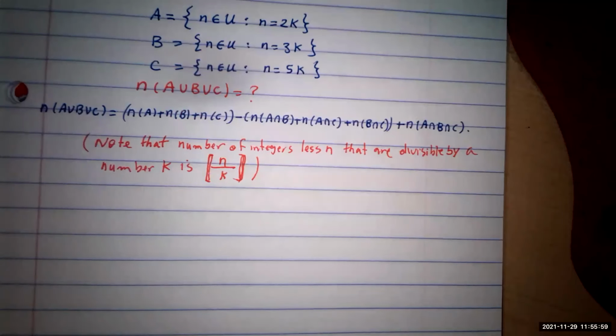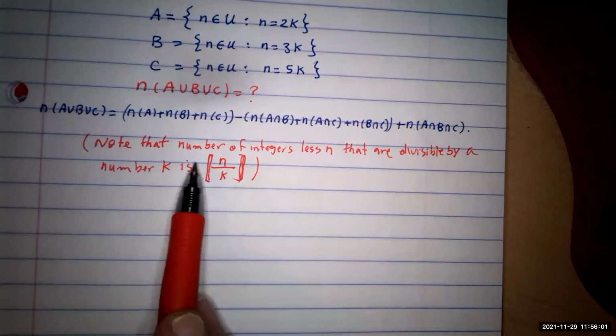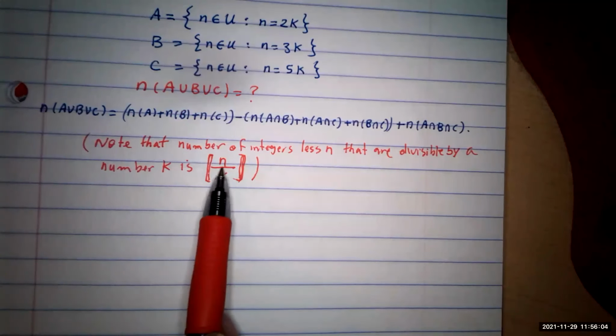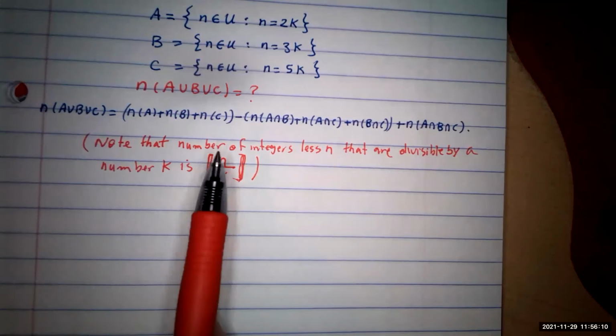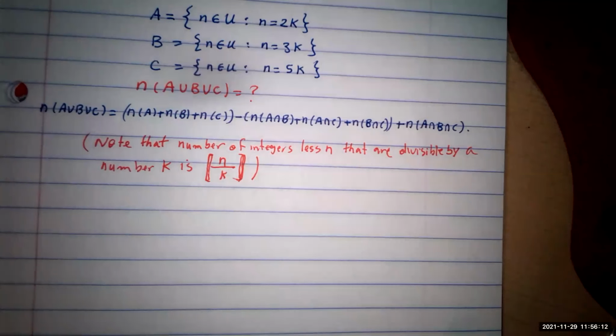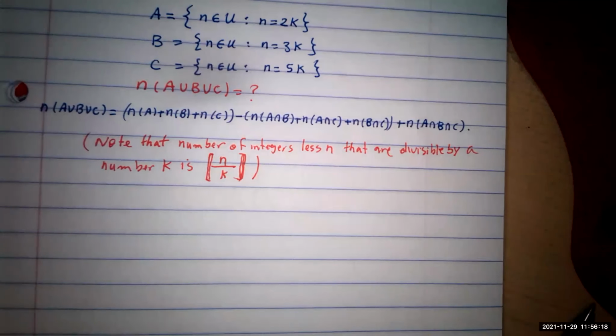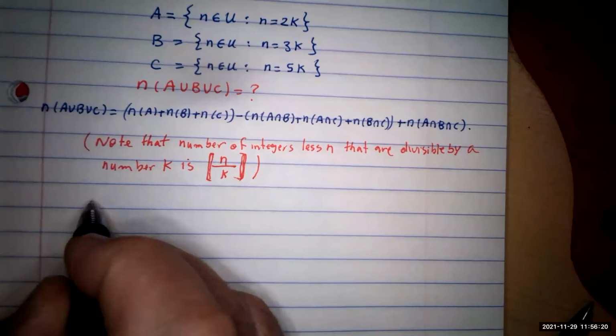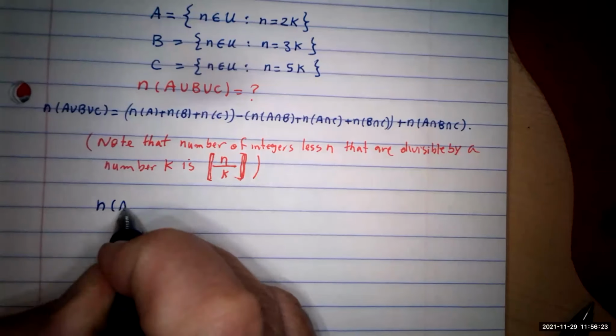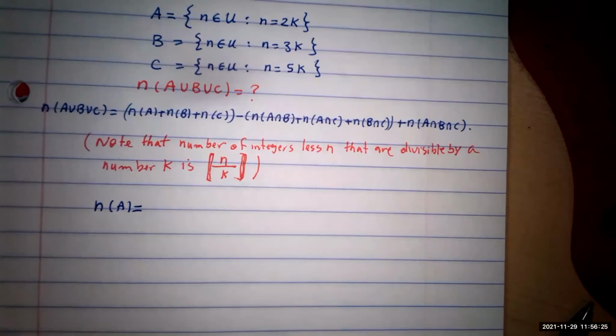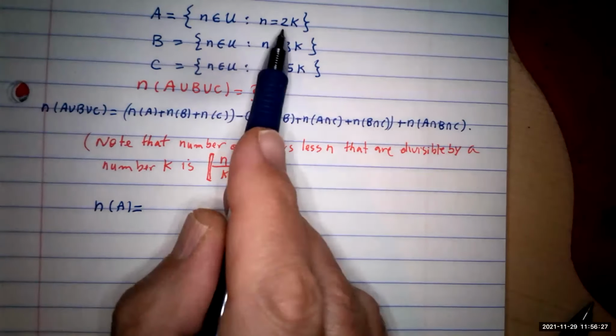So you want to know how many numbers less than n are divisible by k: n over k. If it's an integer, you got it. If it's not, ignore the decimal part to get an integer. Let me write it down so you know what I'm talking about. You want to find N of A. A is divisibility by 2.